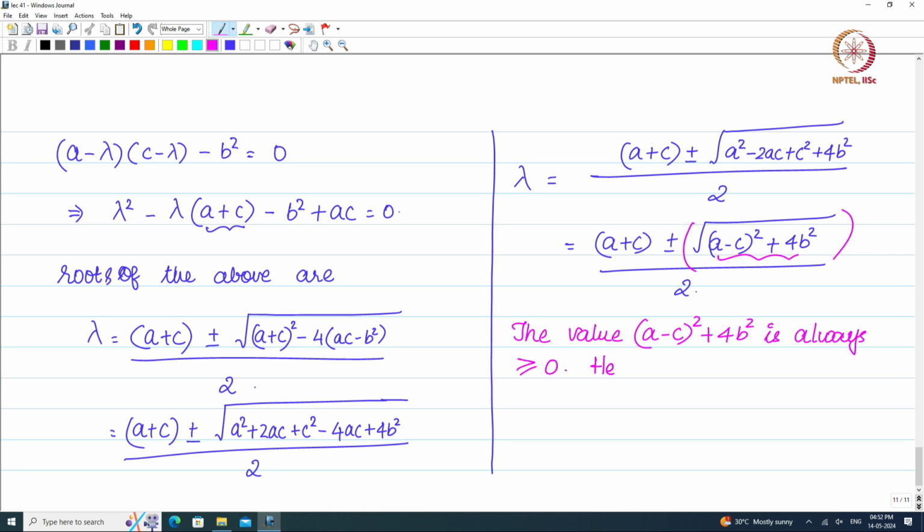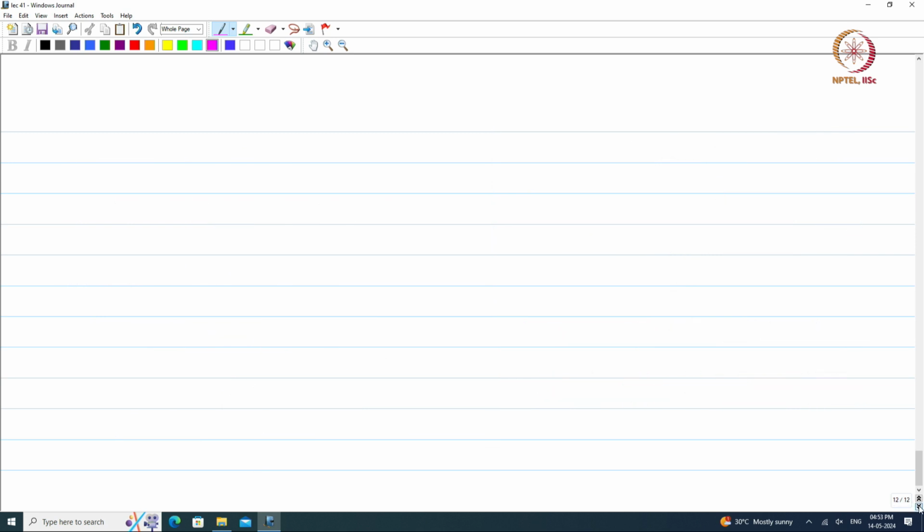Hence, the square root of A minus C the whole square plus 4B square is always real. So, now what we do is we look at two cases, and then we will get back to a concluding statement for whatever we found out.